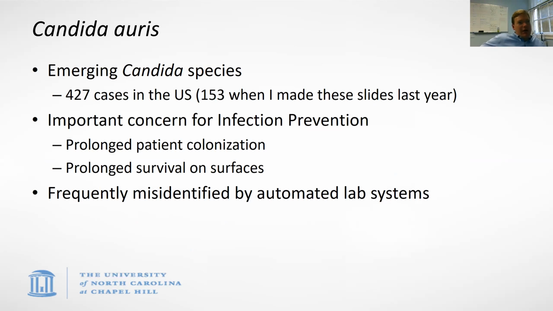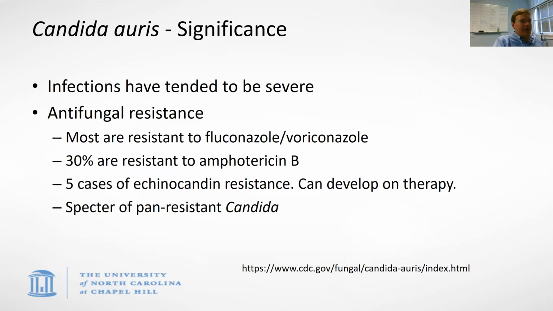It's actually auris, because those automated identification systems haven't been updated. So the CDC will put out a warning: if you see a report that has this random Candida species you've never heard of, that's probably Candida auris and you need to deal with it.